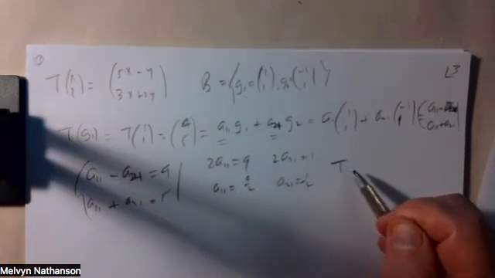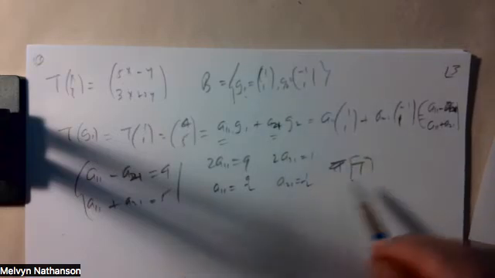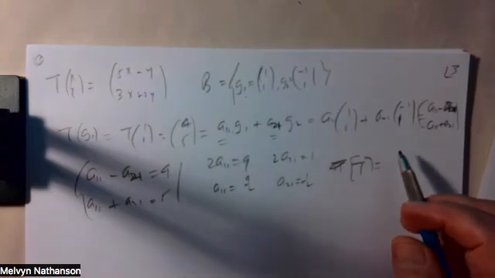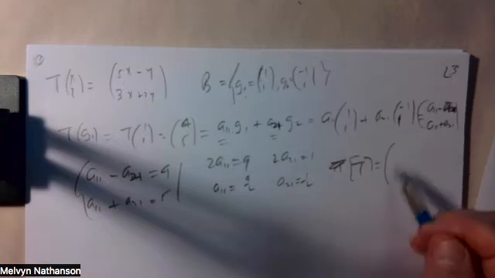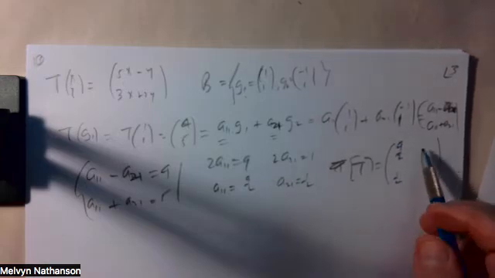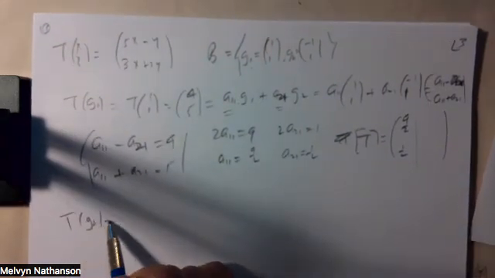So in this matrix for T, the first column, which is A11, A21, is going to be 9 halves, 1 half. And then I have to find the second column. So I take T of G2.